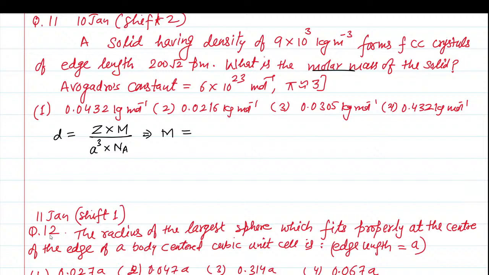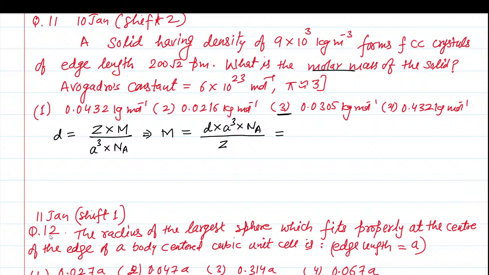Calculate molar mass. M is equal to density into A cube into Na divided by Z. It is FCC, so Z is 4. Option C.